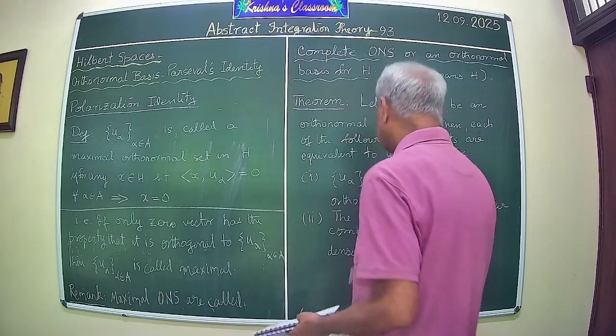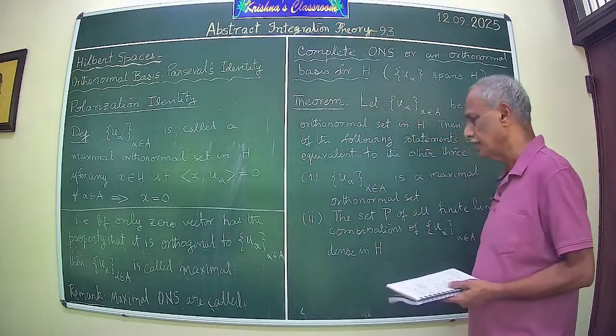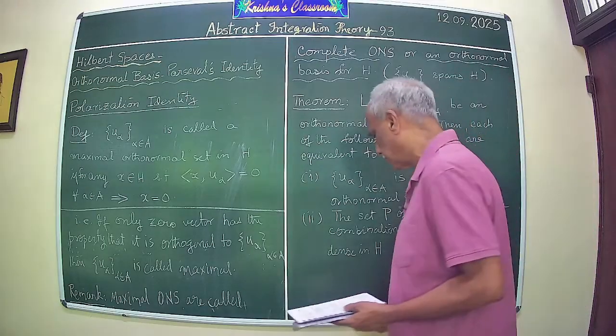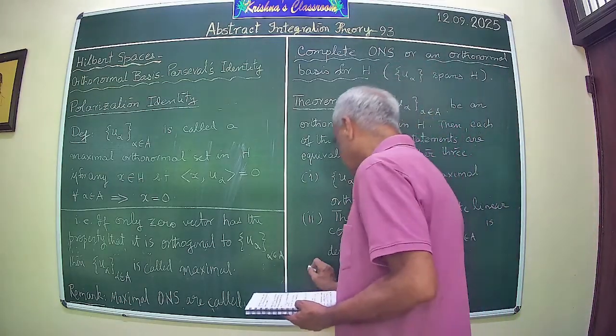You can talk about density because you already have an inner product and therefore a norm and therefore a distance. So it's a metric space.